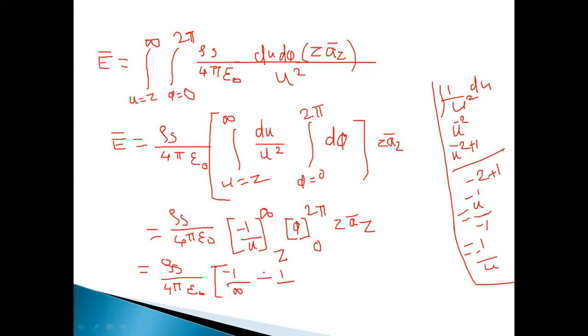Can I directly write here? Yes. Minus and minus 1 divided by u, that is, minus minus plus 1 divided by u, with u equal to z.